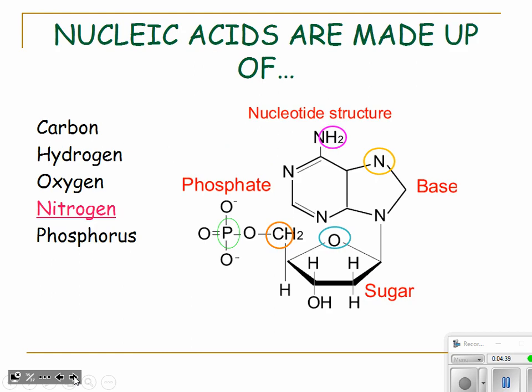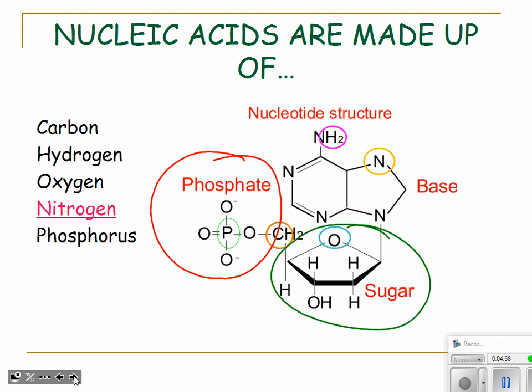If you look right here, here is a nucleic acid. And here are the three parts. The one I'm circling right here in red is the phosphate group. In green here is a sugar, and in blue up here is a nitrogenous base. So we have all three parts right there: a sugar, a phosphate, and a nitrogenous base.